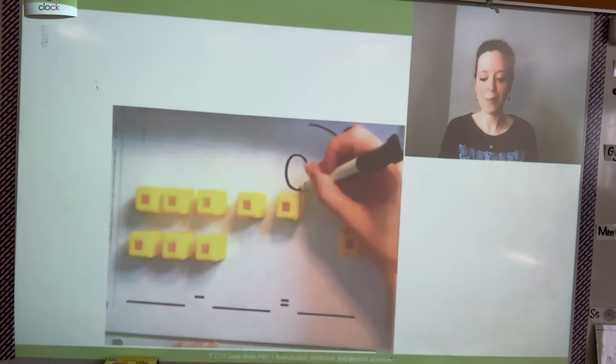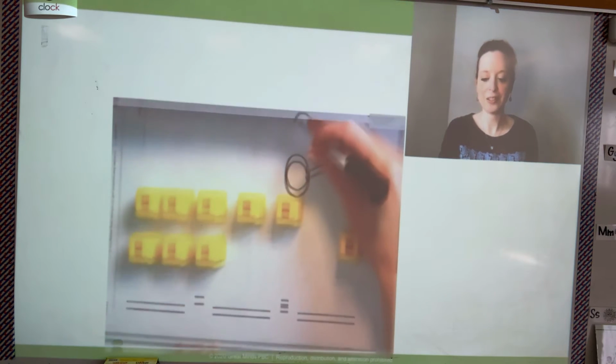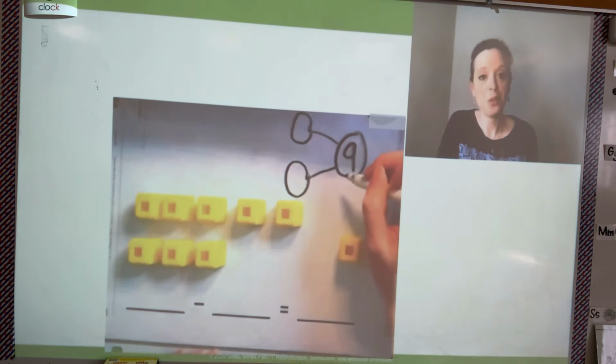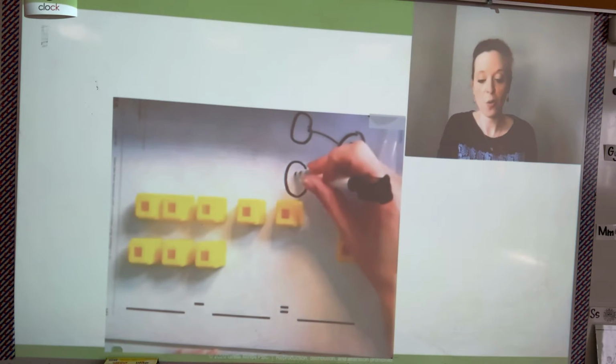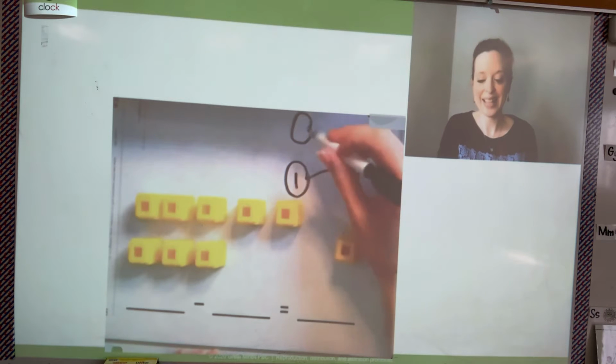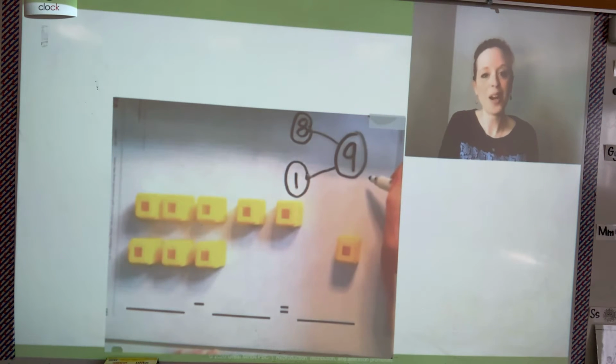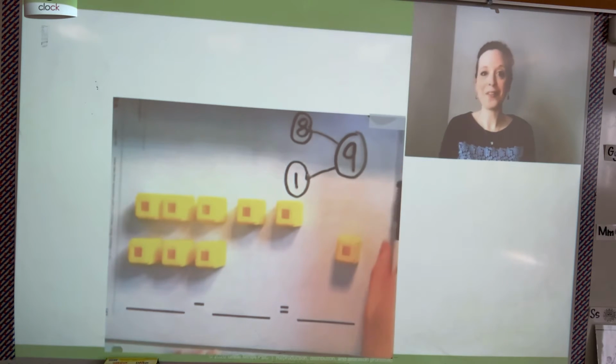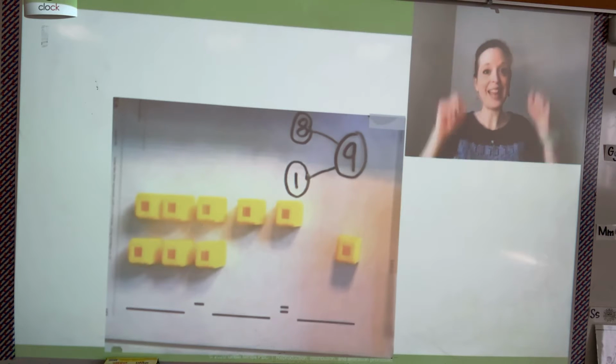Each arm has a circle. And our 2 parts we said are 1 and 8. 9, 1, 8.